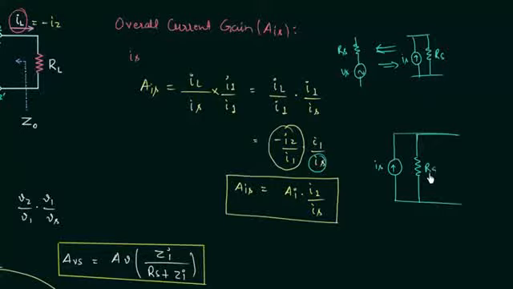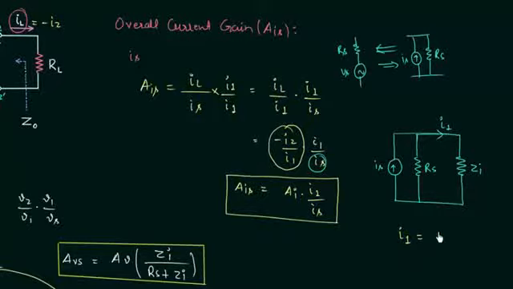The resistance is RS, and we have the input impedance equal to ZI. Current through the input impedance is I1, the input current. I will use the current divider rule, and by using this I will find the current I1.